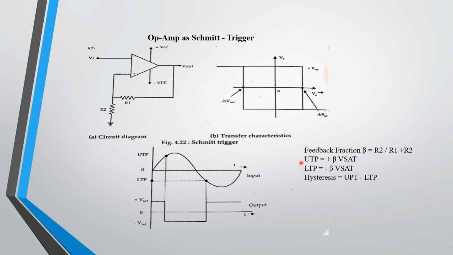The value of the upper trip point is positive saturation times beta. The lower trip point's value is negative saturation times beta. Beta is the feedback factor, which is R2 divided by R1 plus R2. The difference between these two points, the upper trip point and the lower trip point, is known as the hysteresis voltage.